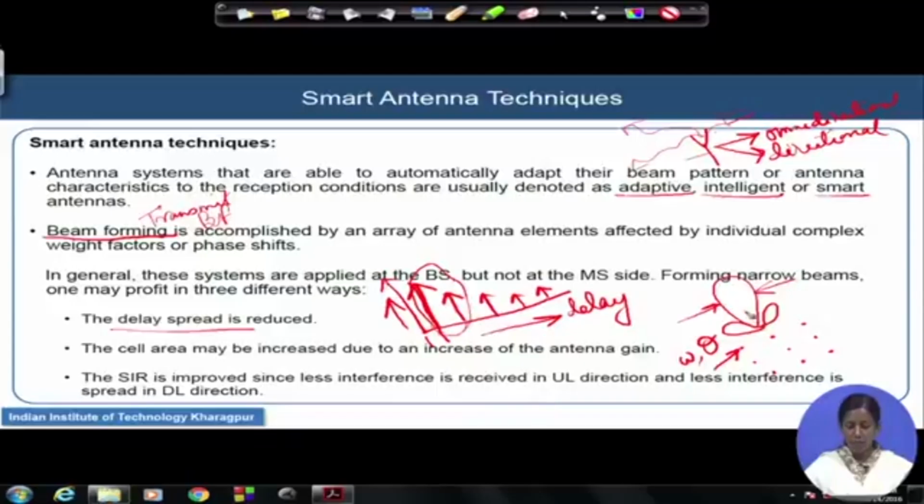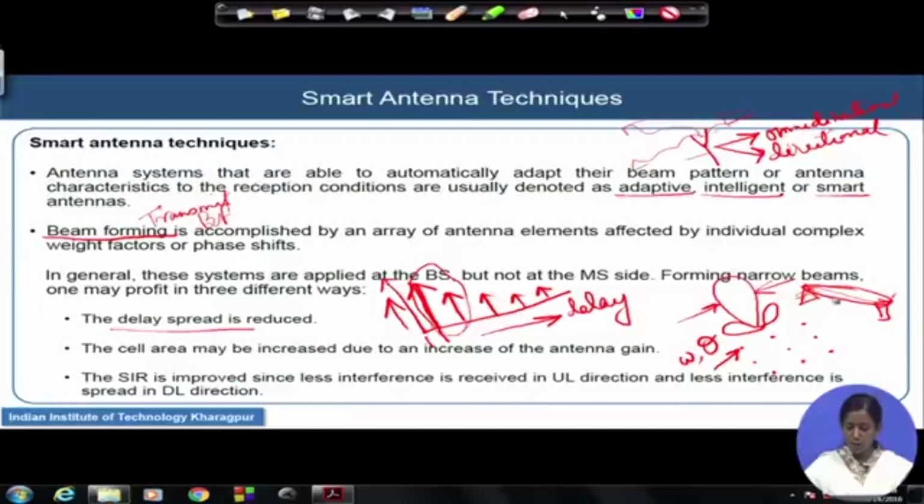But if you have very focused power directed from the base station towards the mobile station, after knowing your location, then you can have a very high power reception. So the received signal power compared to the interference plus noise will be very high.